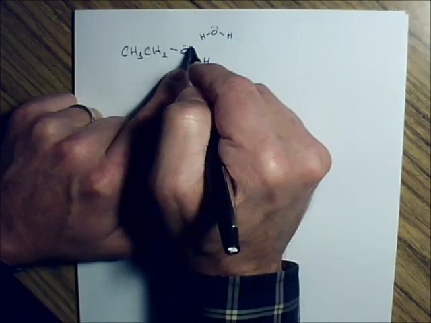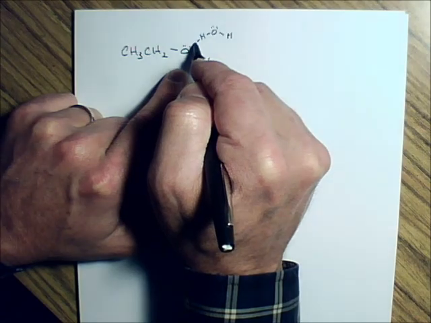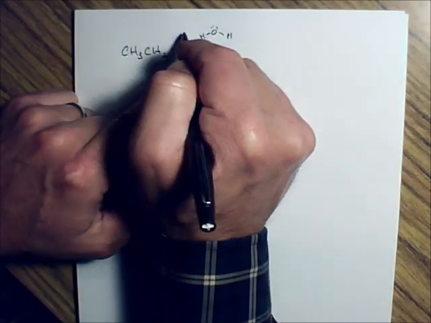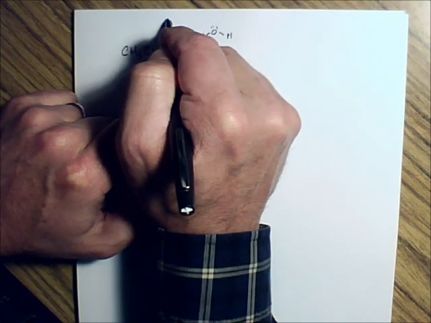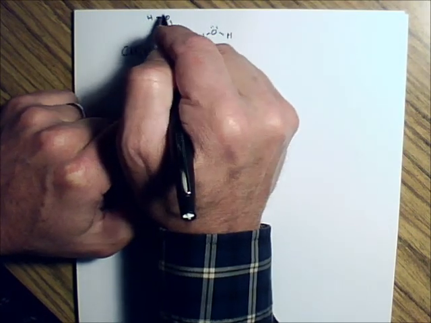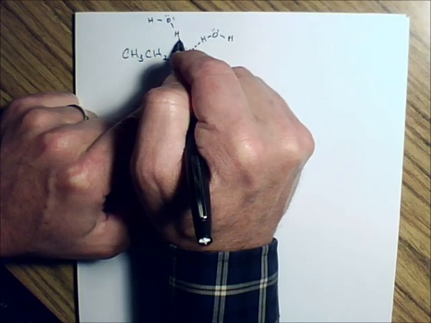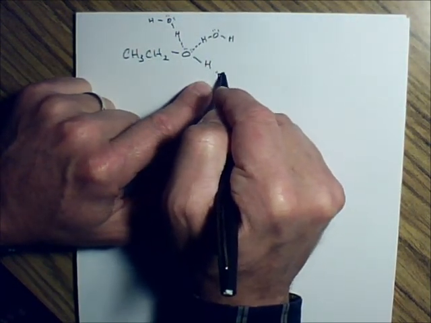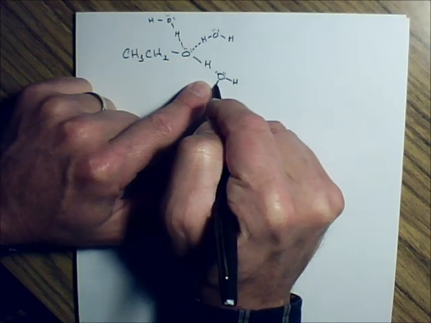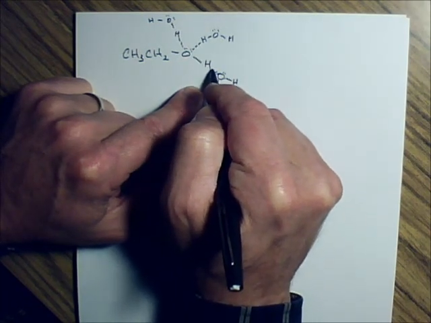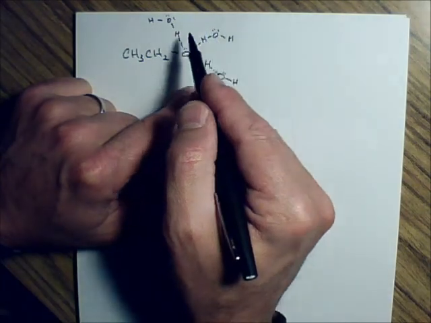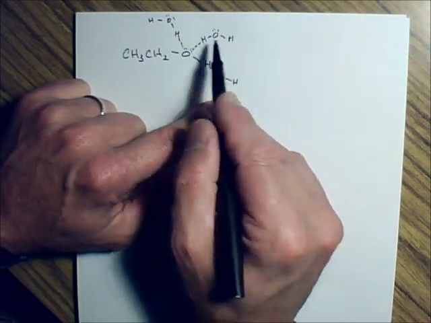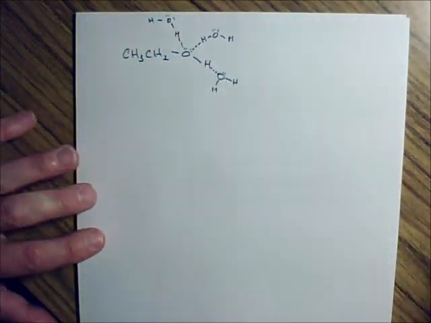Well, this hydrogen can actually hydrogen bond to that oxygen. And another water molecule can hydrogen bond to that lone pair. And the lone pair on another water can hydrogen bond to this hydrogen. Lots of places for hydrogen bonding to occur between these three water molecules and this alcohol.